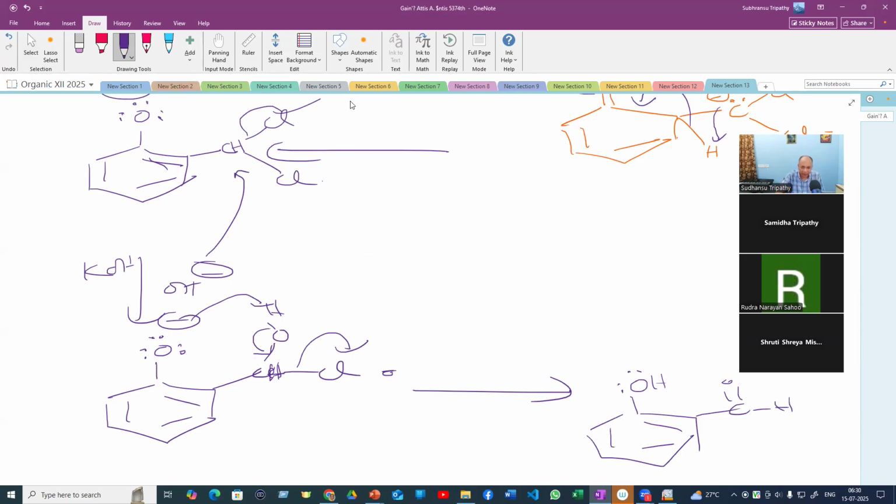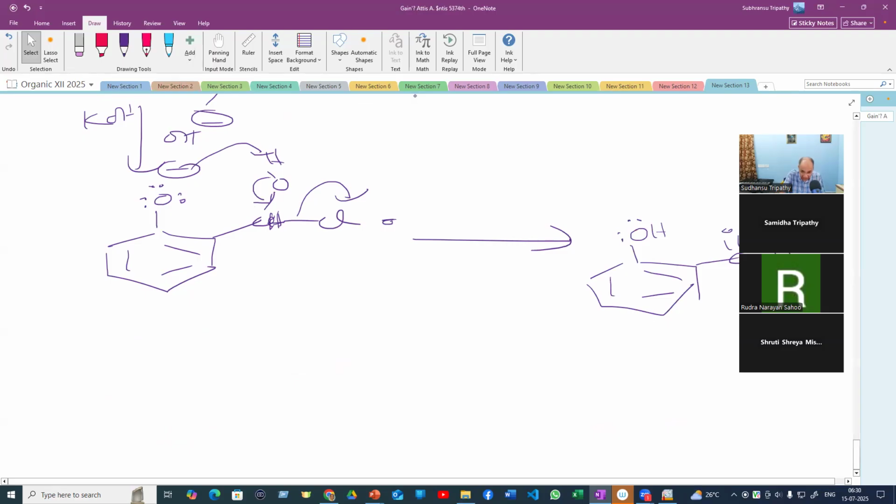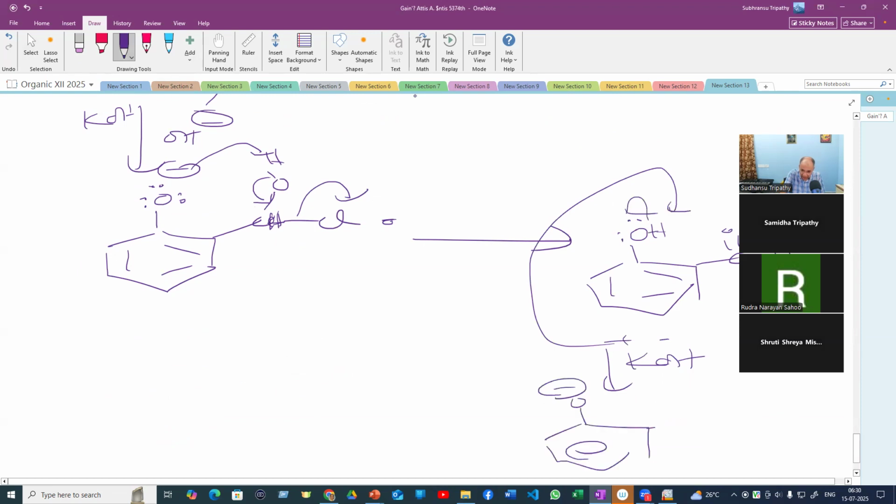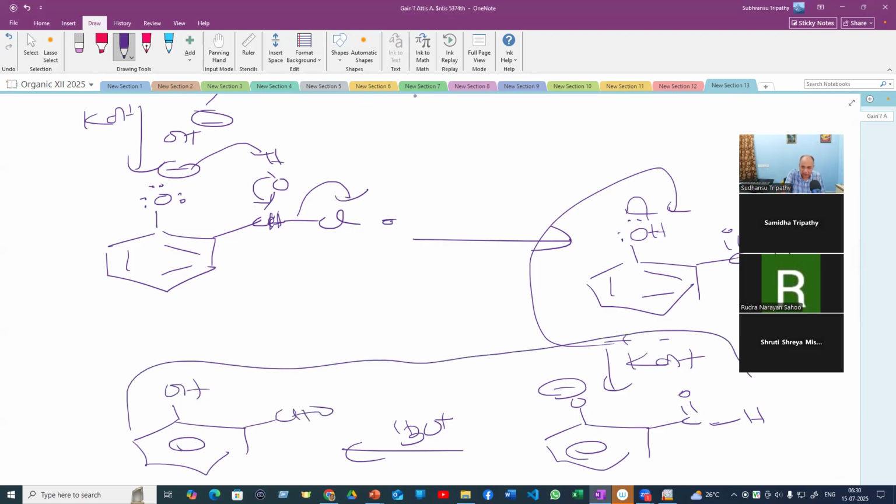But usually what happens, if there is excess KOH, that will take away the proton and put it as the phenoxide ion of the salicylaldehyde. Then you have to go for acidic hydrolysis to get back the neutral salicylaldehyde. So these steps are optional. If you take excess, write down excess. More than 3 moles.